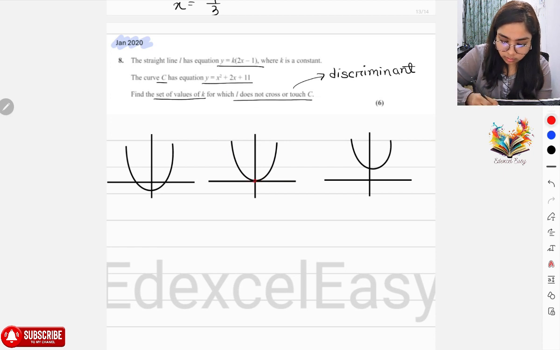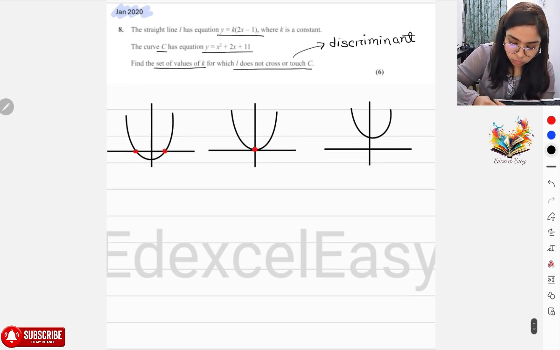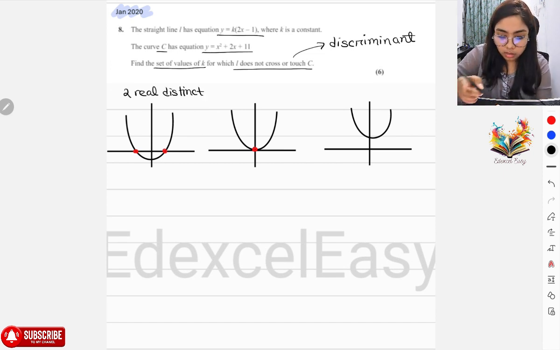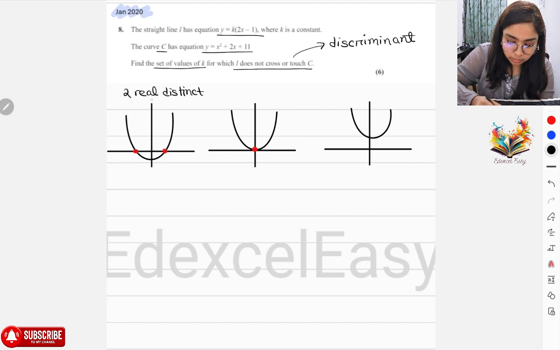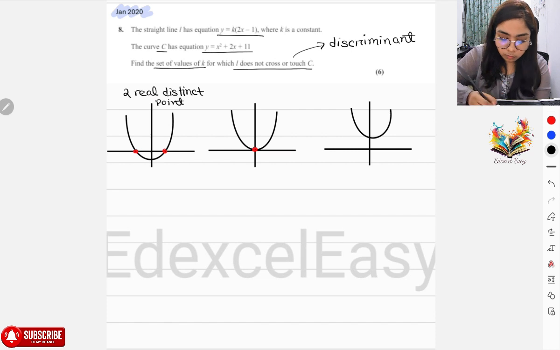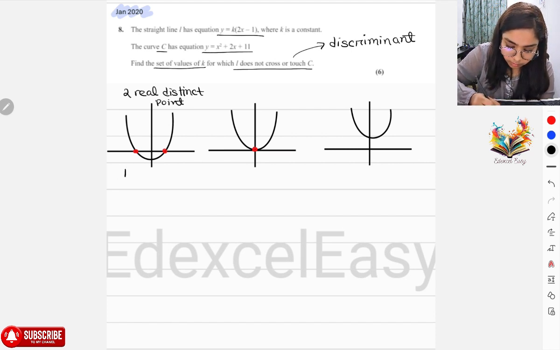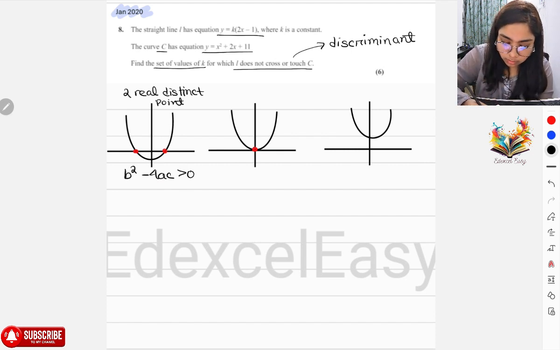Now you can see that these were the intersecting points for the graph with the x-axis, right? This is for 2 real distinct points. Whenever a straight line, a curve, or a curve with the x-axis intersects with each other at 2 distinct points, the discriminant becomes b square minus 4ac greater than 0.